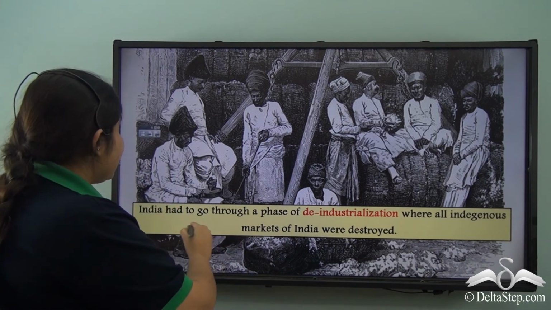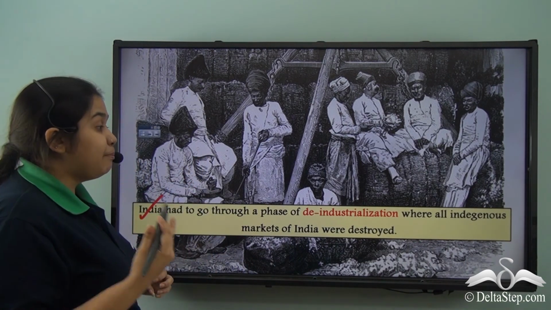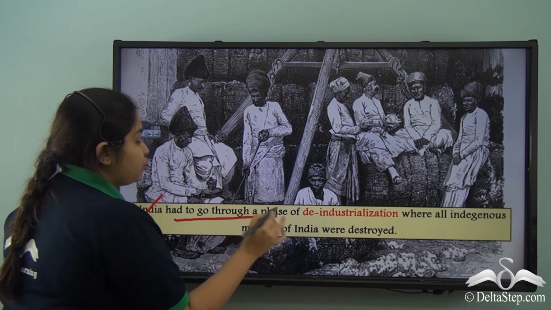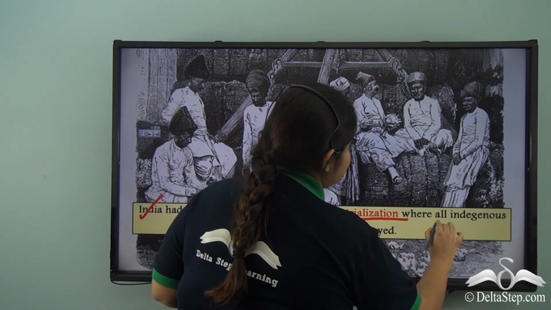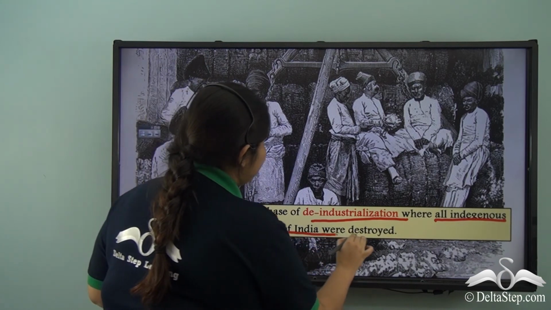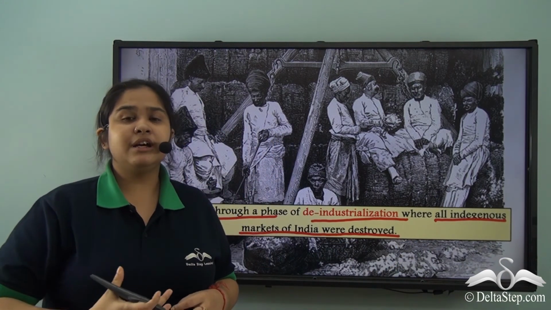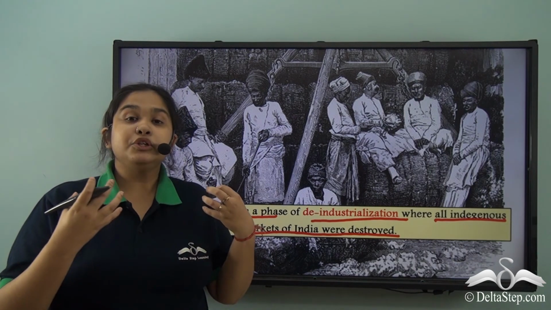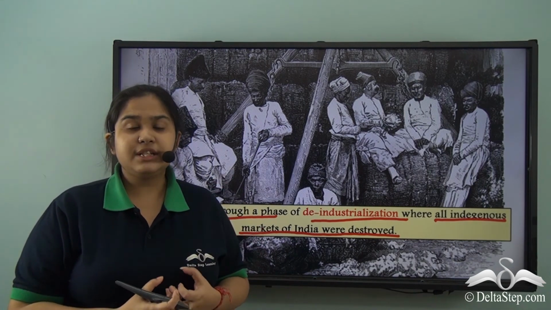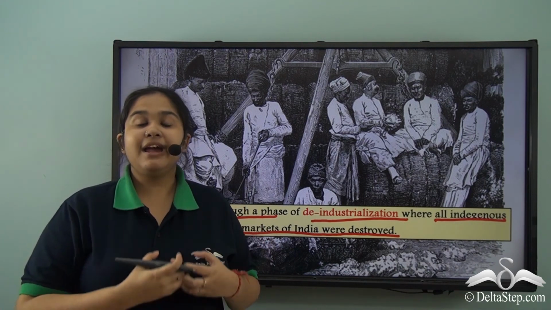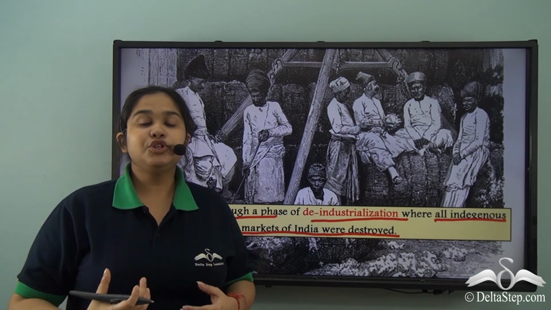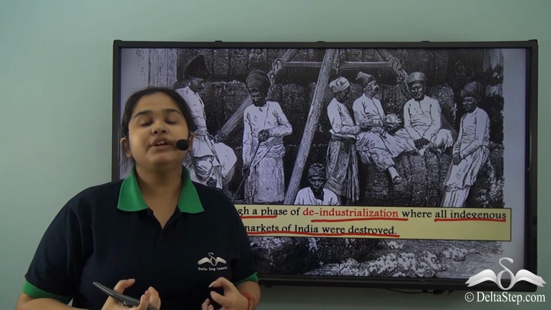We see that specifically if we take the example of India, India had to go through a phase of de-industrialization where all indigenous markets of India were destroyed, and the craftsmen and artisans who were employed in these industries almost all went into grappling poverty at this point of time.